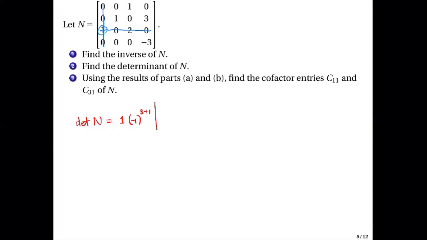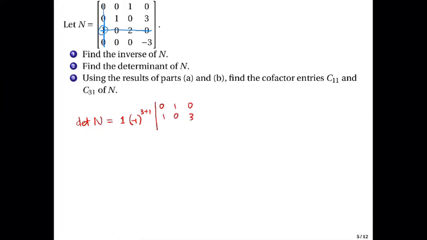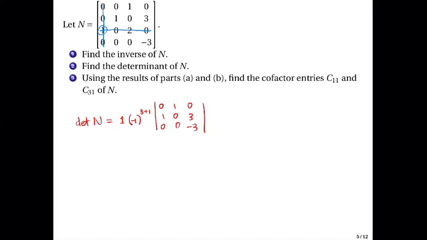I'll get the determinant of 0, 1, 0, 1, 0, 3, 0, 0, negative 3. And negative 1 raised to 3 plus 1, that's just positive 1. So I'm just trying to get the determinant of this.